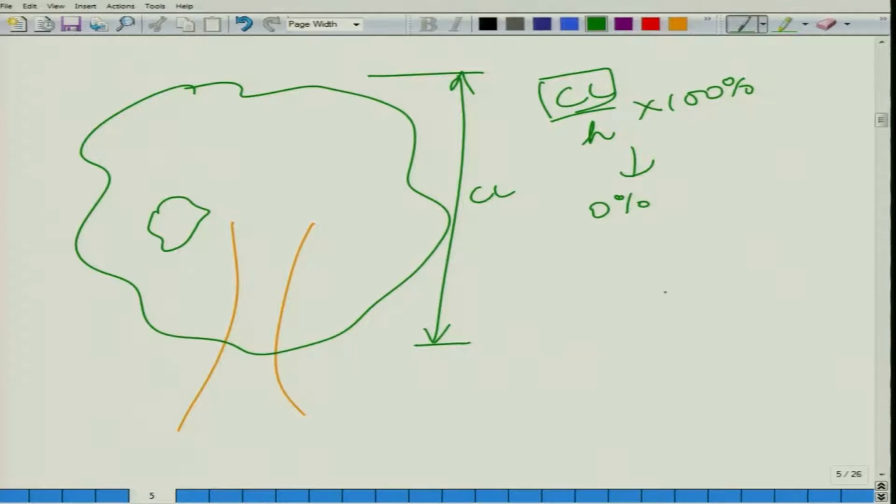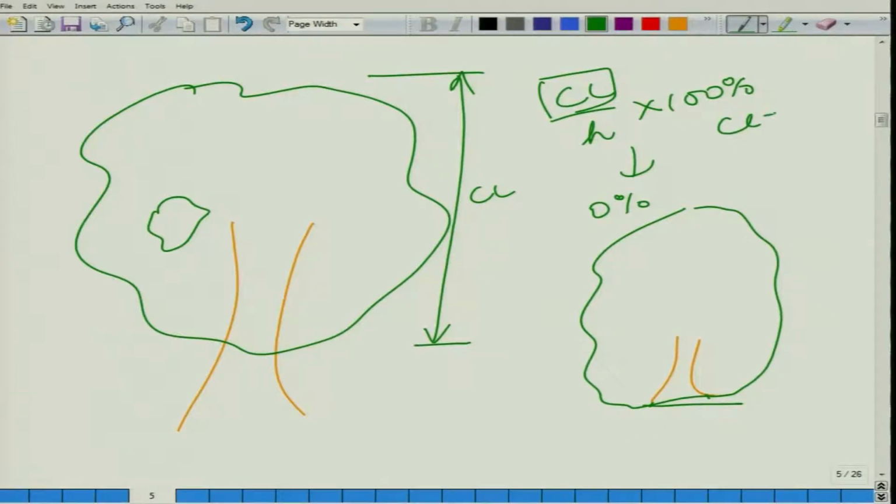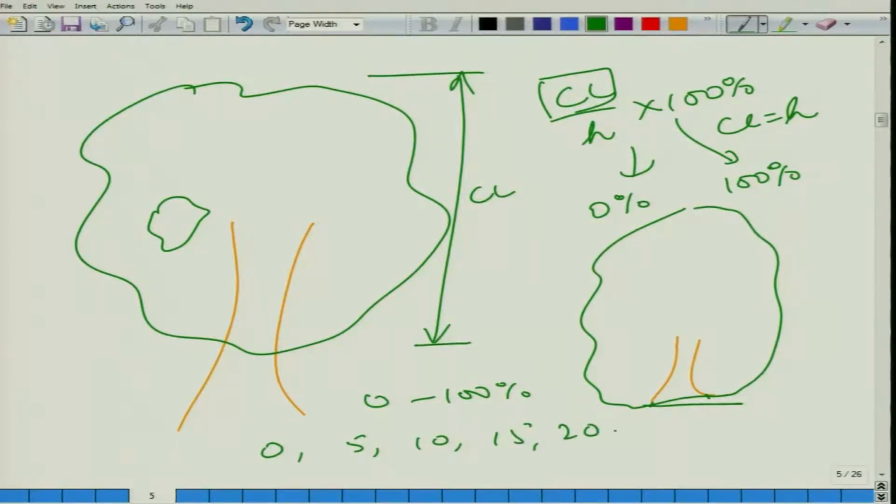If you have, say, a theoretical condition where you have a tree and a crown that completely covers it, so essentially this crown cannot go beneath the ground level, the crown length is equal to height, which will give a ratio of 100%. So, this ratio can vary from 0 to 100%, and we divide it into classes which are 0, 5, 10, 15, 20 up till 100%.